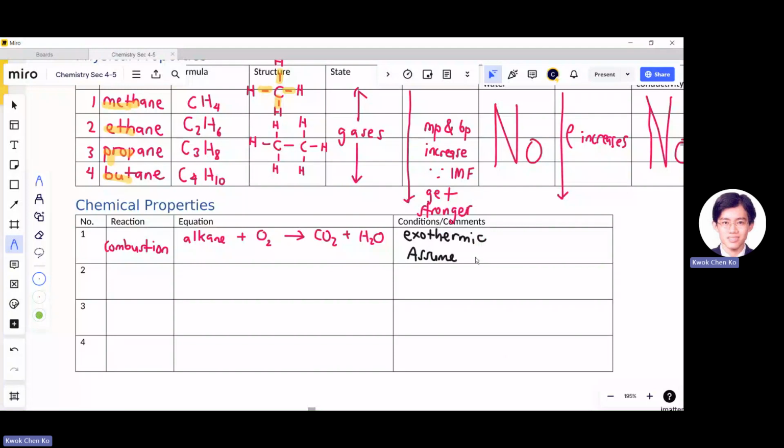Remember, I used that term earlier. Only then you get CO2 and water. If you get something else or you get something more, then it's not complete combustion really.